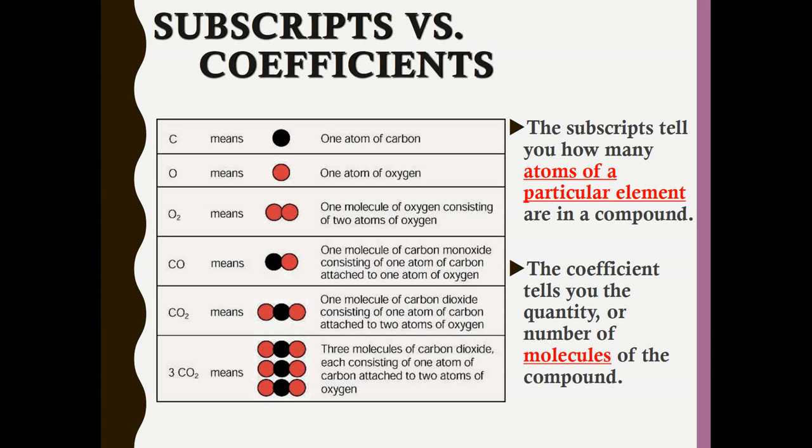So 2 is my coefficient, and the 2 after Al is one of the subscripts for aluminum oxide, and the 3 after O at the bottom is the other subscript. So there is a difference between the subscript and the coefficient. The coefficient tells us the amount or the quantity of that element or substance that we are using, but the subscript tells us what type of molecule or compound we are using.